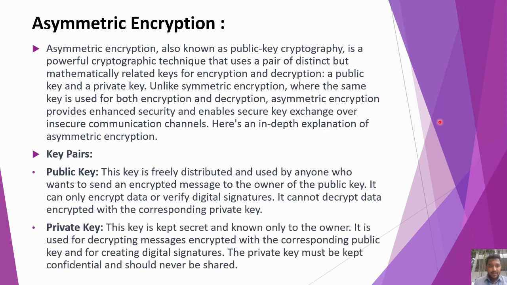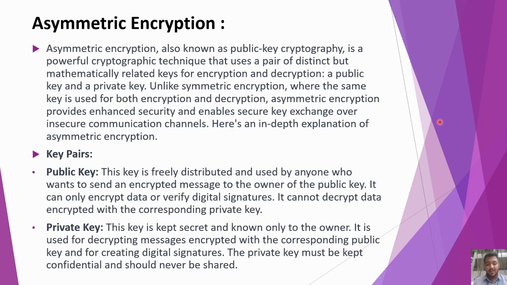Here's an in-depth explanation of asymmetric encryption. Key pairs: public key and private key. The public key is freely distributed and used by anyone who wants to send an encrypted message to the owner. The public key can only encrypt data or verify digital signatures. It cannot decrypt data encrypted with the corresponding private key.